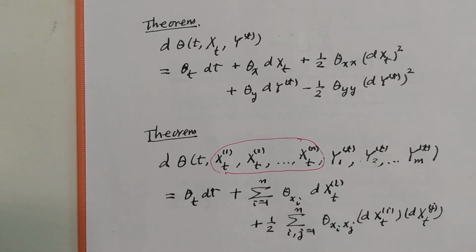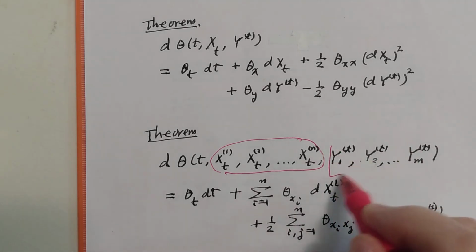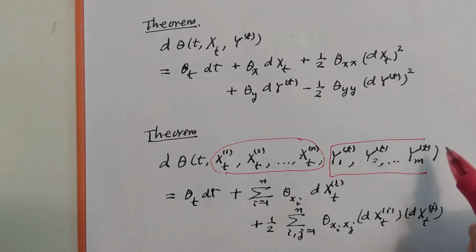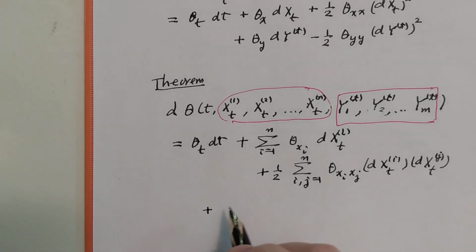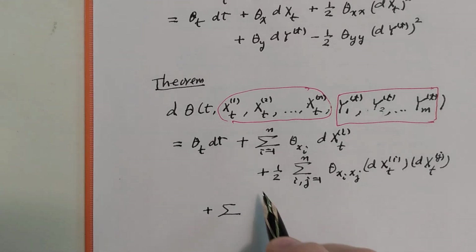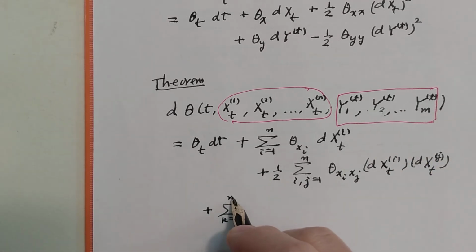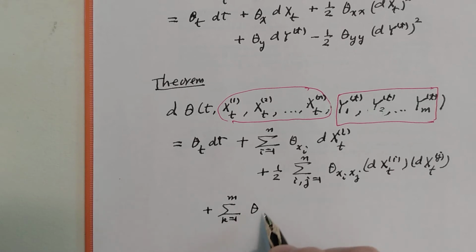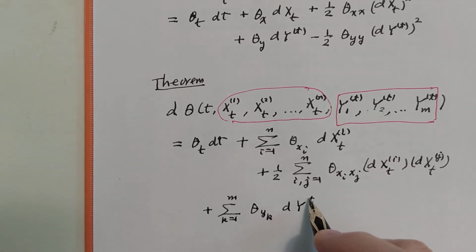Now for those stochastic processes in the counterpart, we have plus summation. Since I use i j, so I use k from 1 to m, and theta sub y sub k and dy sub t sub k.